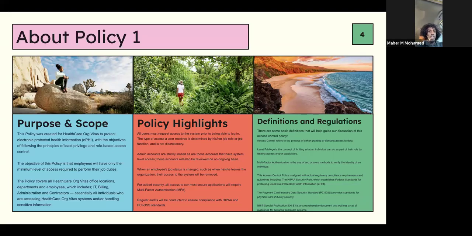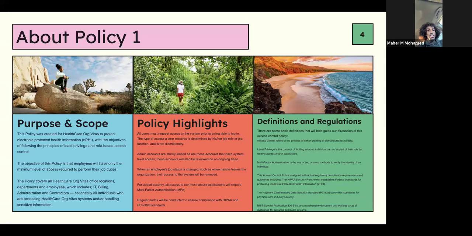Some definitions and regulations in this policy. Access control refers to the process of either granting or denying access to data. Least privilege is the concept of limiting what an individual can do as part of their role by limiting access and or capabilities. And multi-factor authentication is the use of two or more methods to verify the identity of an individual.